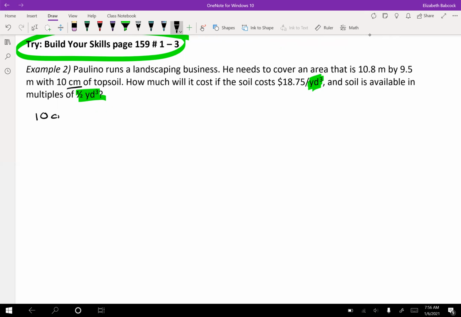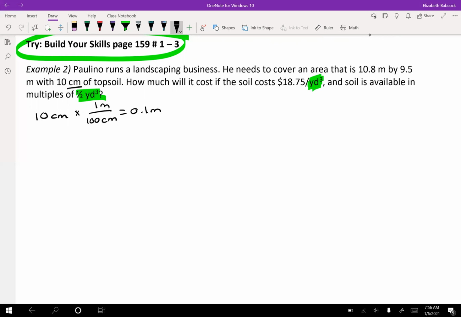To do that, we have 1 meter is 100 centimeters, 0.1 meters.